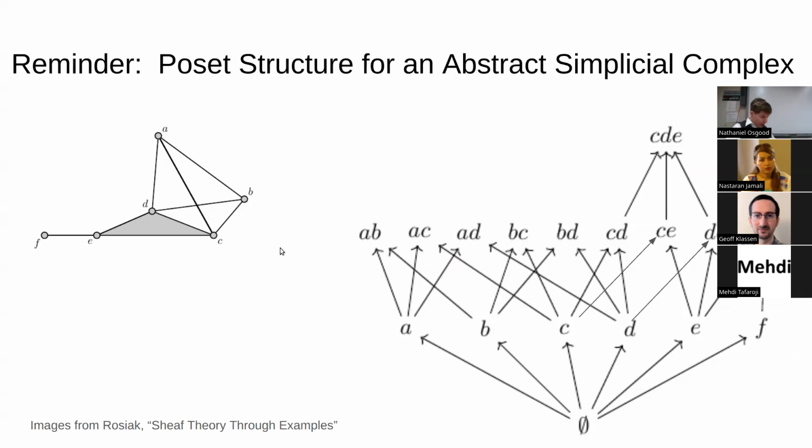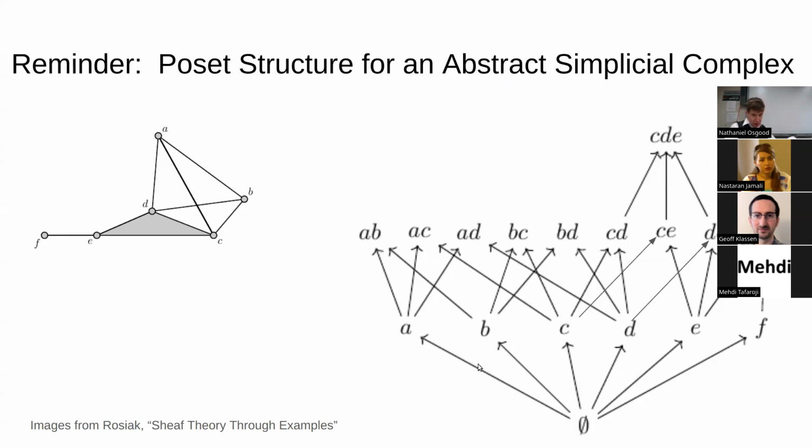I'm going to read a cellular sheaf of vector spaces, for example, F on a cell complex X, that's our abstraction simplicial complex, that's this guy, is an assignment of the data, here vector space, to each cell.